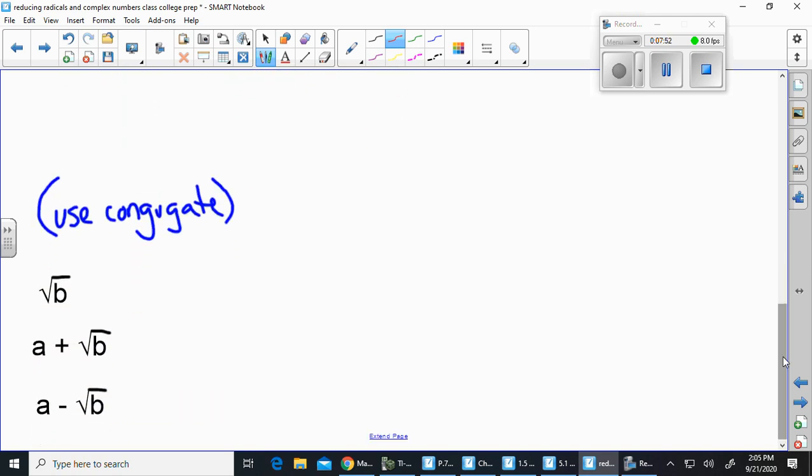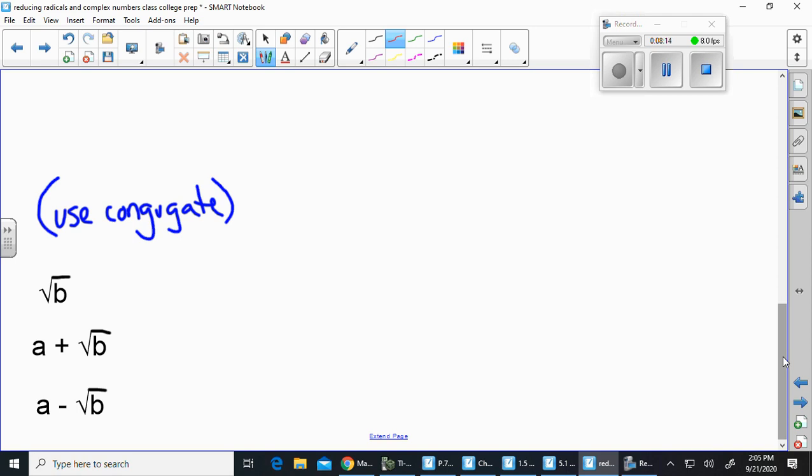So, if we can't get rid of that bottom, what we are going to use is something called the conjugate. The conjugate is a word you will see, like in pre-calc. We went over conjugate the second day of school and said, hey, you remember that word, conjugate.